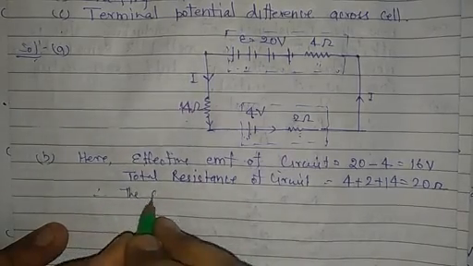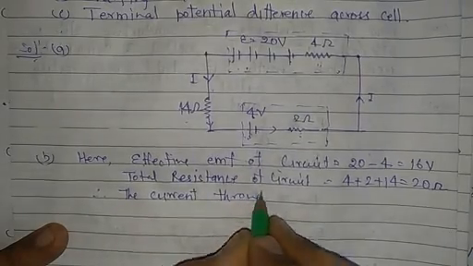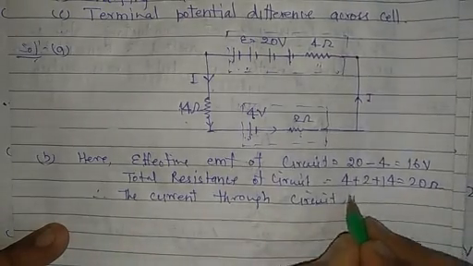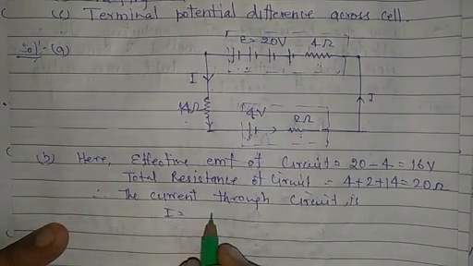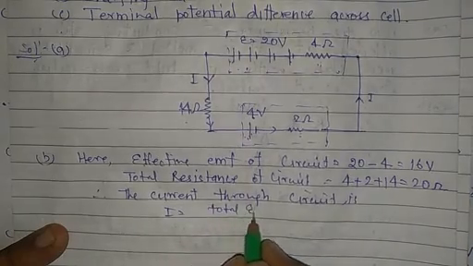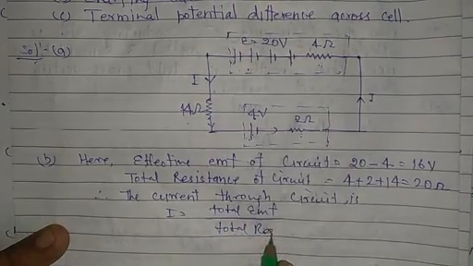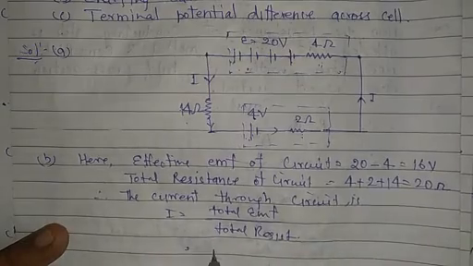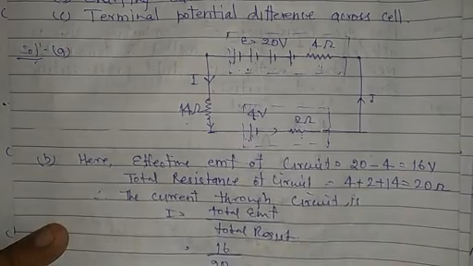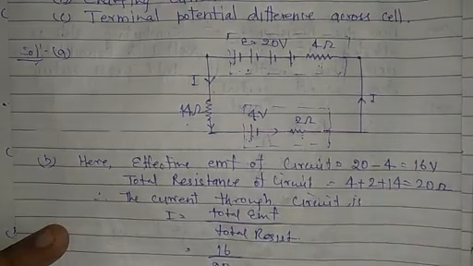Therefore the current through circuit is I is equal to total EMF upon total resistance, which gives 16 upon 20, that is 0.8 ampere. So this is the solution for the second part.